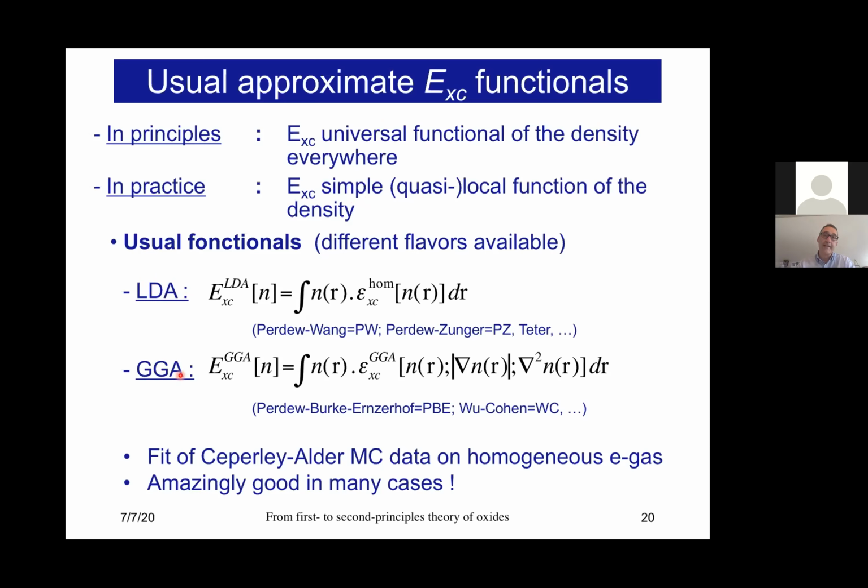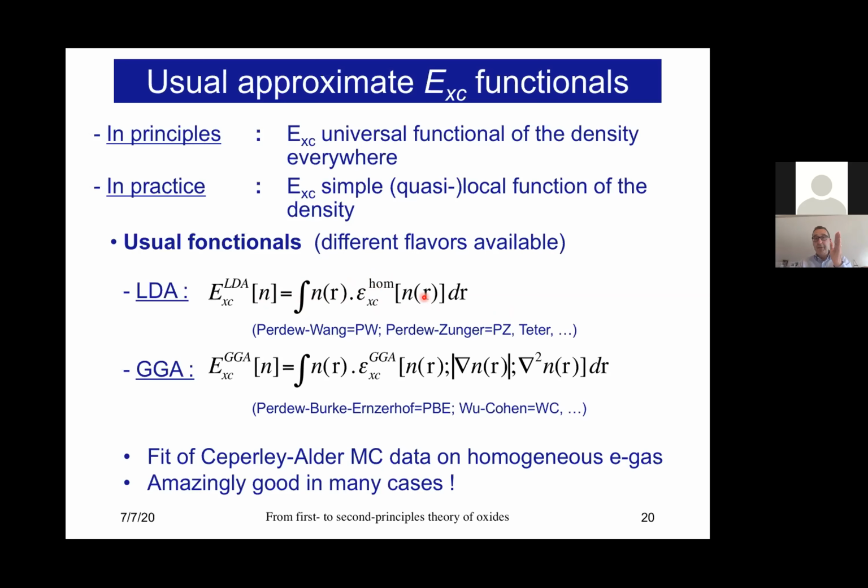If I look at the local density approximation, it writes the exchange correlation energy functional of the density as an integral over space of n times an exchange correlation energy density of the homogeneous electron gas at this density.